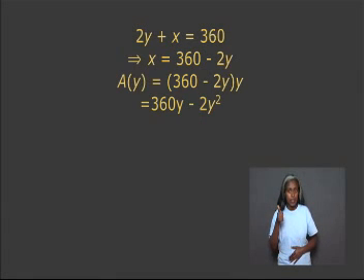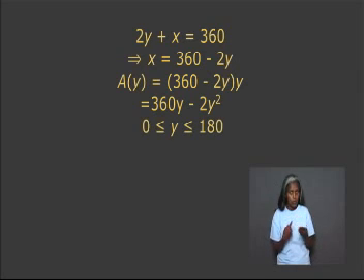A of y equals 360y minus 2y squared. So, we know that y is greater than or equal to 0 and less than or equal to 180.